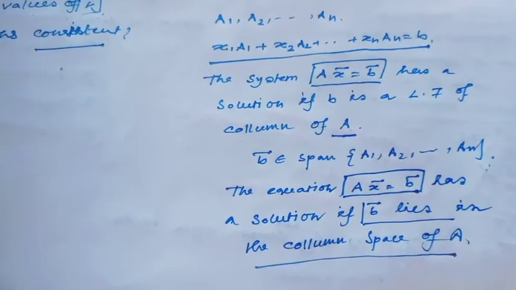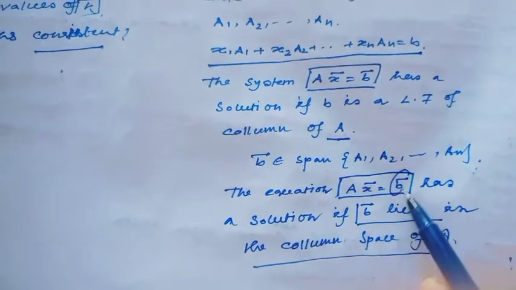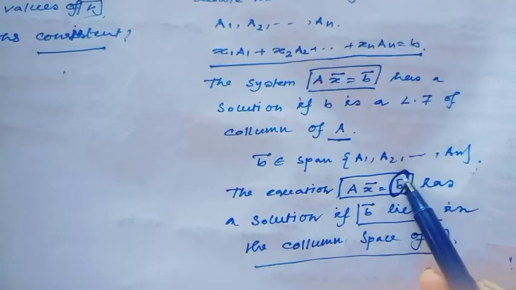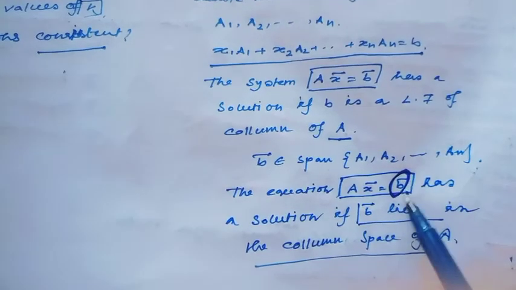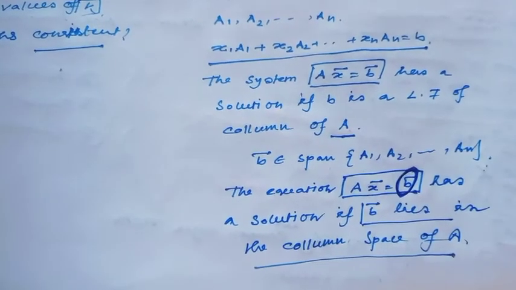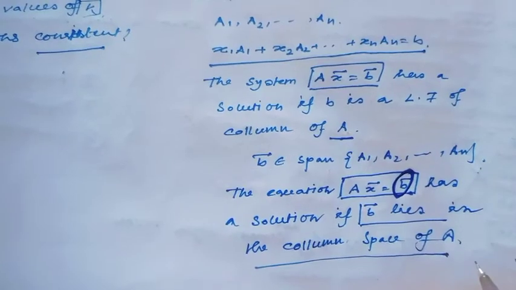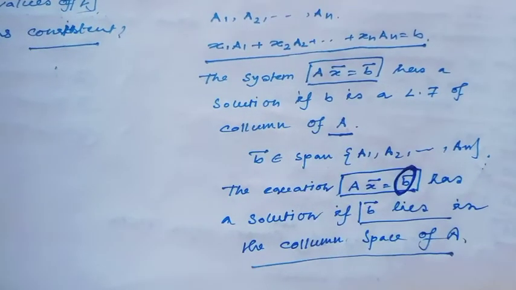That means when this b lies in the column space of the matrix A, then this equation has a solution.